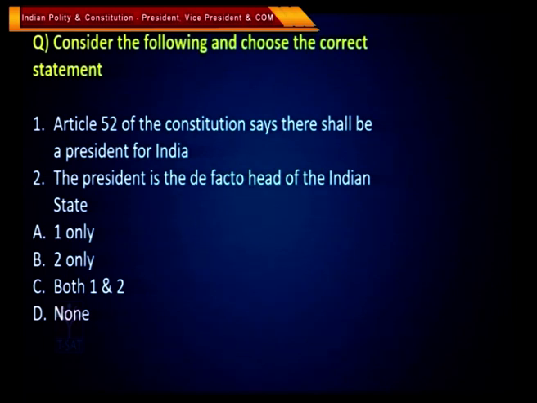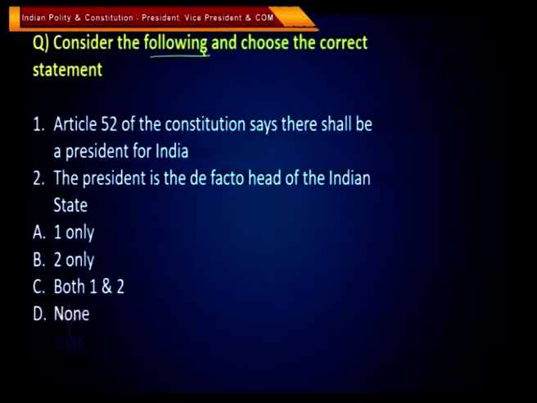One, how the questions are framed, in what way TSPSC will ask questions. Secondly, when you are reading the subject, how you need to think from the prelims TSPSC Group 1 perspective.